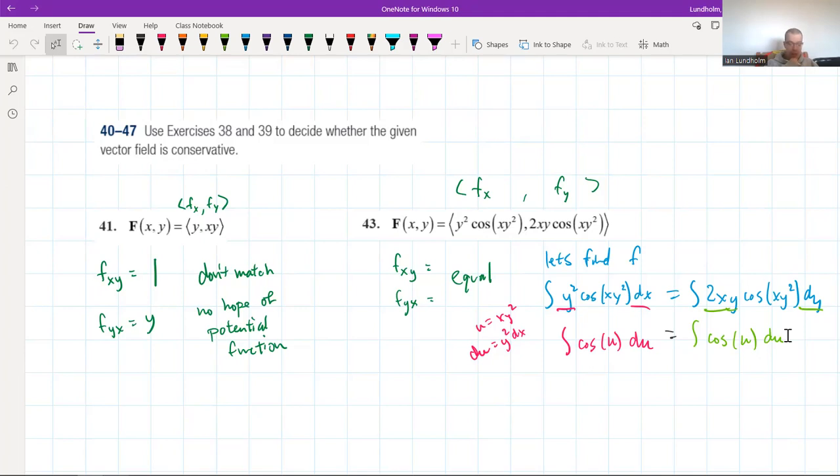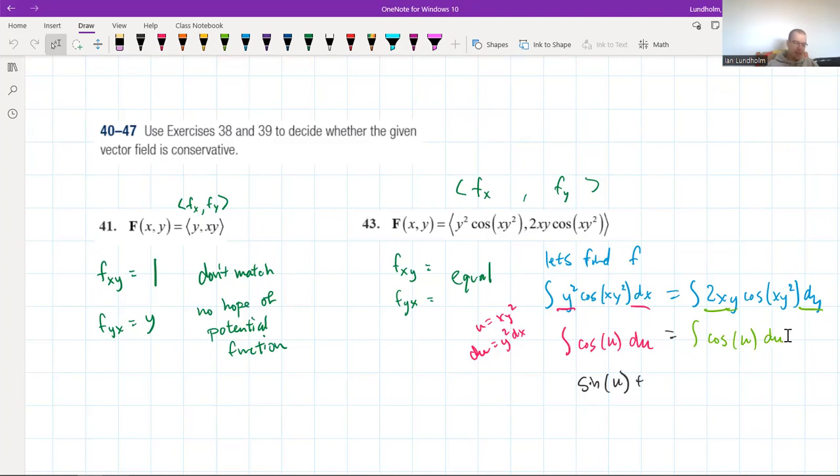And on both of those sides, when you take the antiderivative, we'll get sine u plus c.